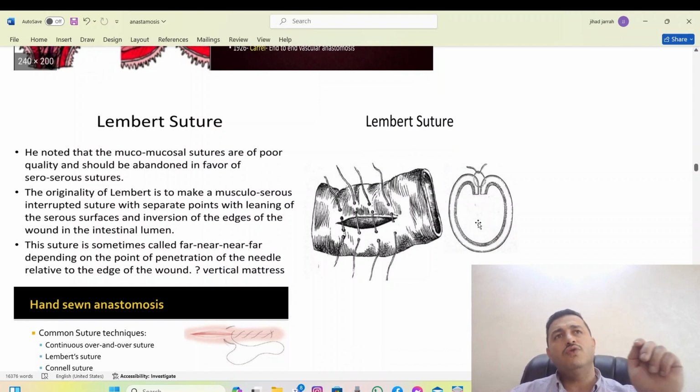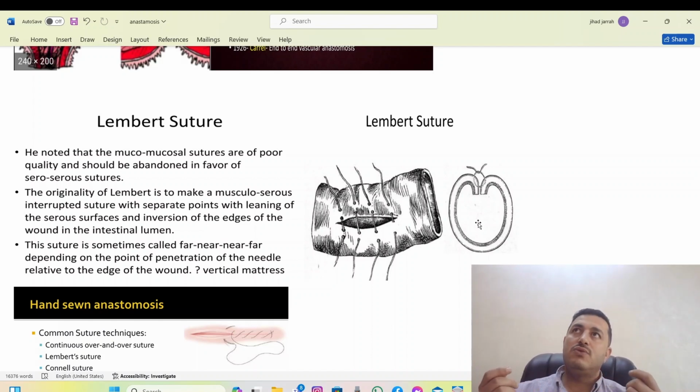Okay, can we depend on the size? For example, can I say please do 3 to 5 millimeter depth for your suturing? Roughly yes, but we know that the thickness of bowel differs according to site, according to whether there is pathology or not, inflammation or not.